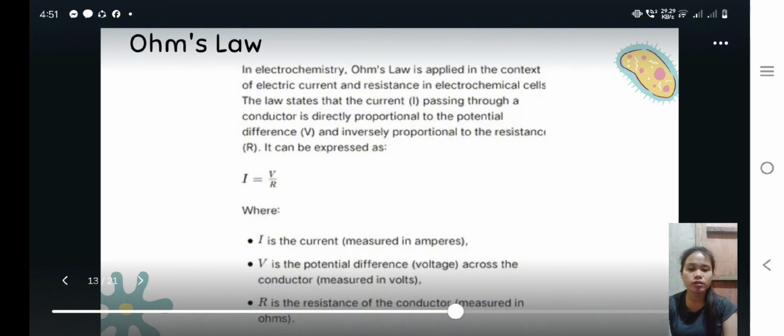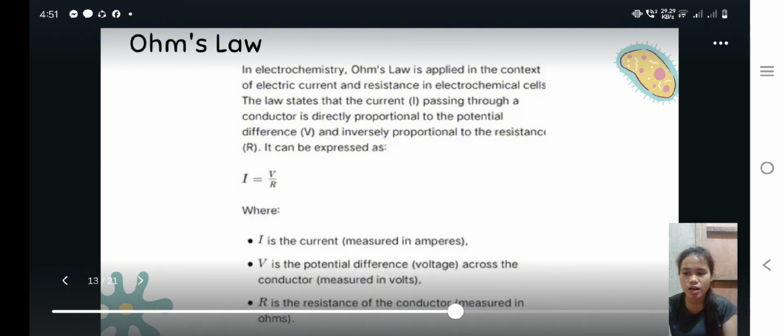So next principle of electrochemical methods is the Ohm's law. In electrochemistry, Ohm's law is applied in the context of electric current and resistance in electrochemical cells. The law states that the current passing through a conductor is directly proportional to the potential difference and inversely proportional to the resistance.